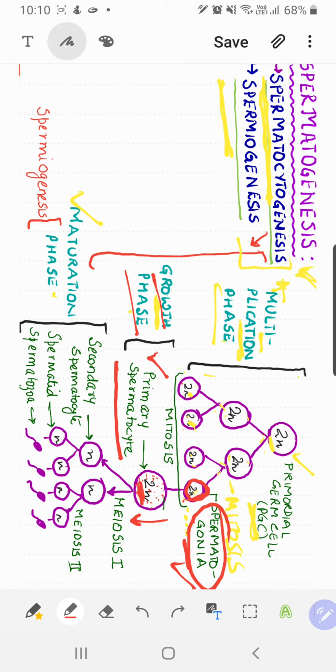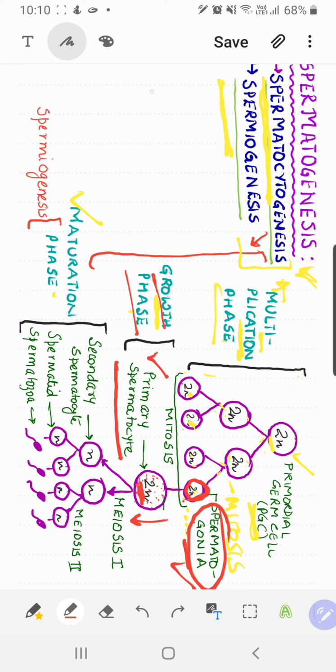So it's basically meiosis 1 where the chromosomal number is reduced to half, and whatever is the outcome of meiosis 1, it follows mitosis only in the second phase, thereby giving rise to two offsprings.